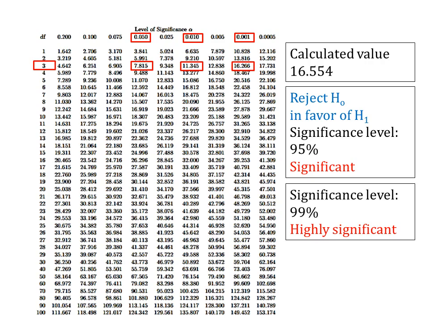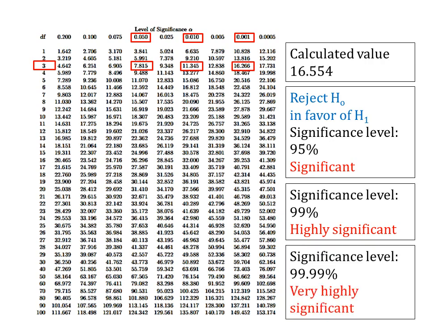So this again emphasizes that you have to take the maximum number of digits after the decimal point that you can, so that you can have an accurate result. So 16.554 is greater than 16.266, so we are going to say that our result is very highly significant.